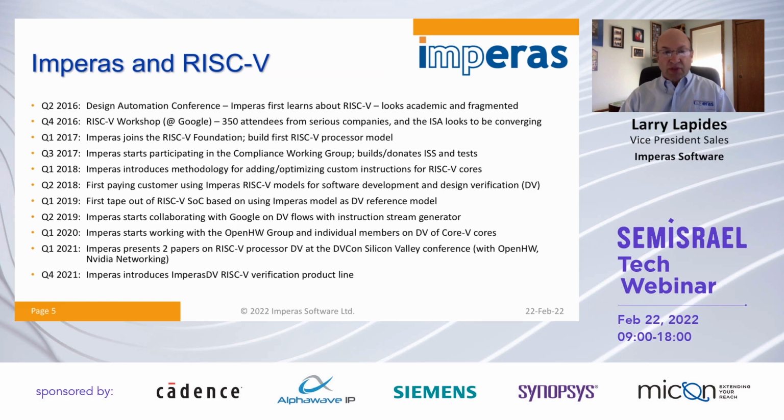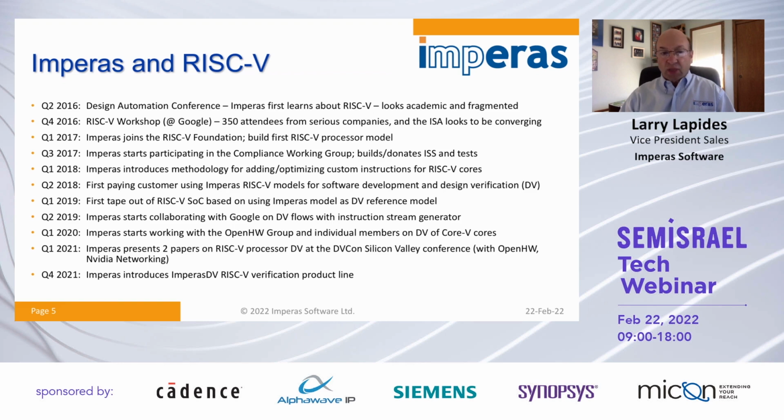Our next step was to introduce a methodology for adding and optimizing custom instructions for RISC-V cores. We had our first paying customer in 2018 for RISC-V models for both software development and design verification. And then in 2019, that first paying customer taped out their first SoC based on using the Imperas reference model as the DV reference model.